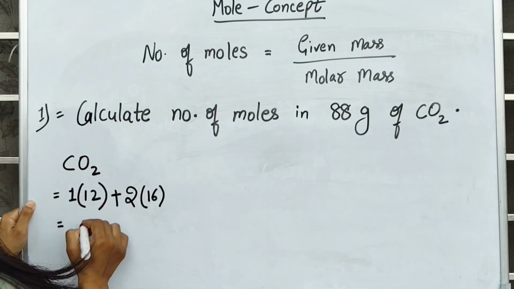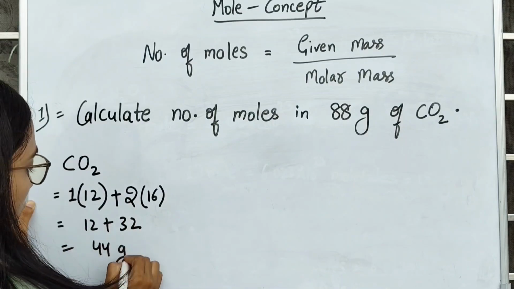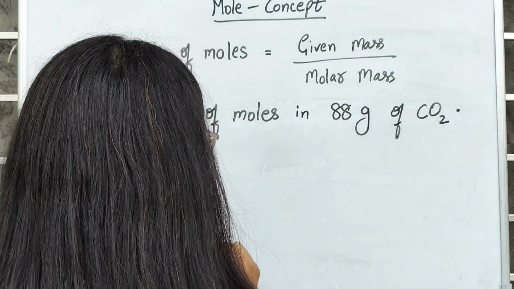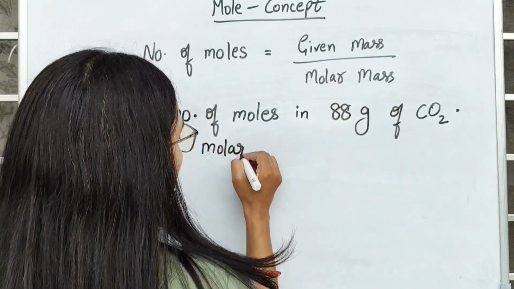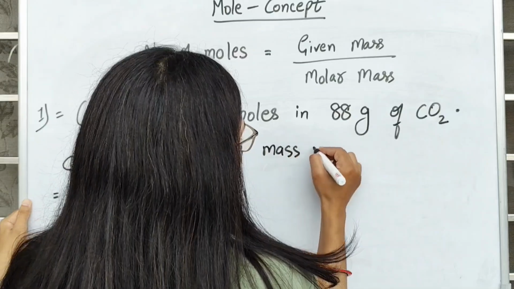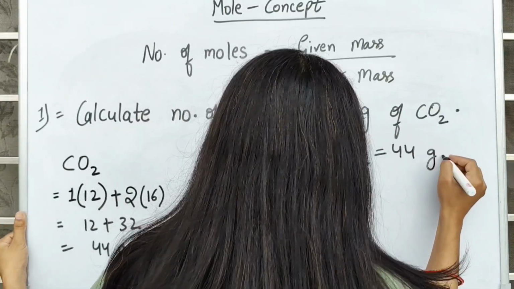If you add these two quantities, you will get 44 gram. Means the molar mass of carbon dioxide is 44 gram.